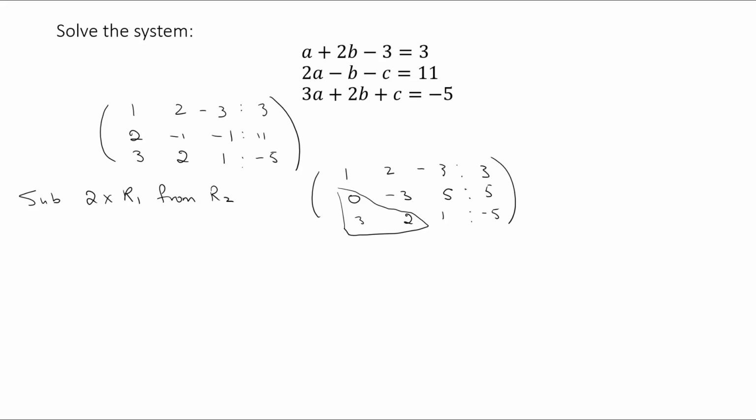So we want to get that to be a triangle of zeros, because then we can find what C is, and then we can work backwards to work out the rest.